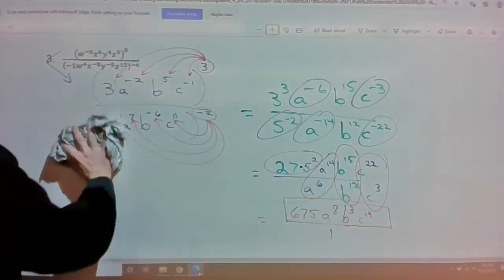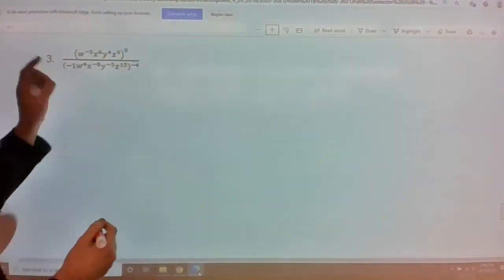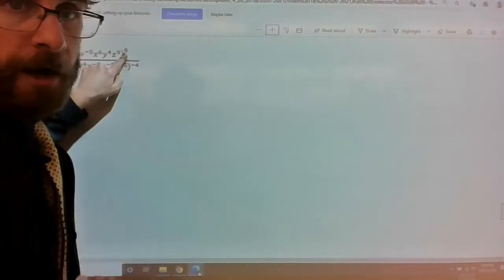We got a 0 exponent on number 3. We've already talked about what 0 exponents mean. Anything to the 0 power is 1.